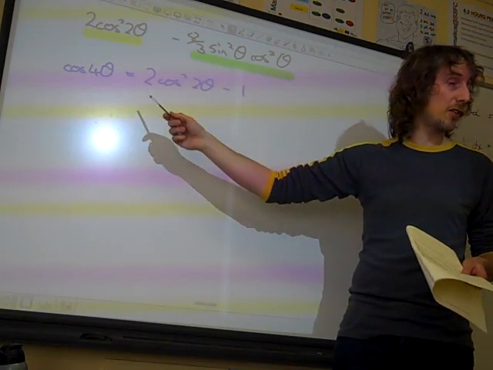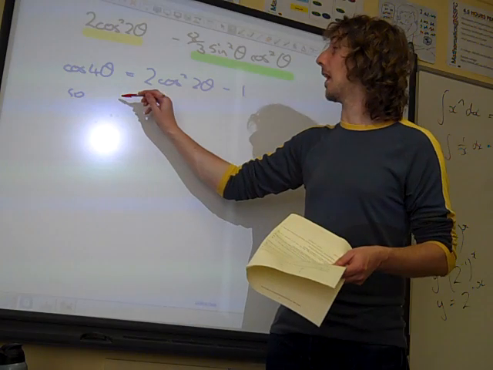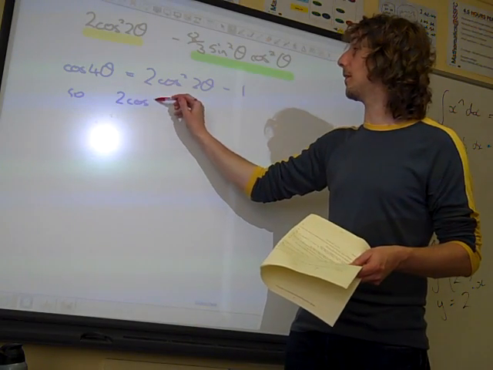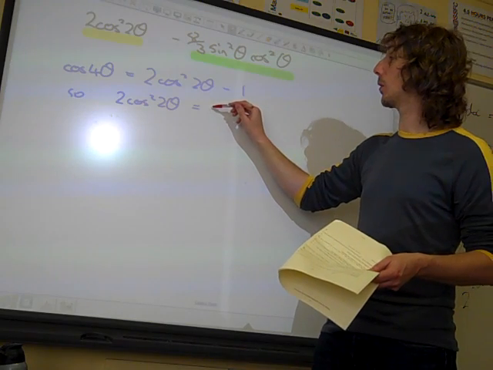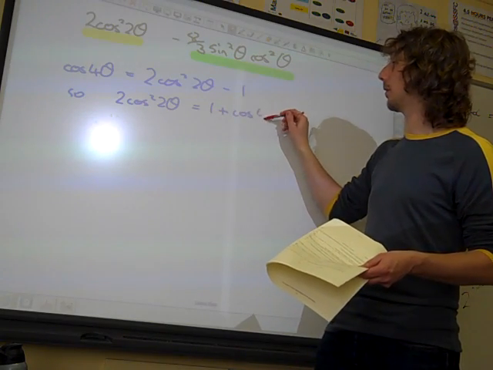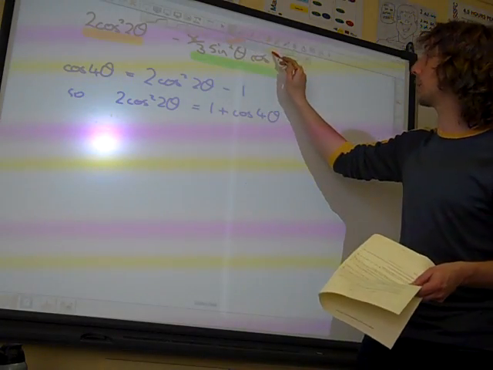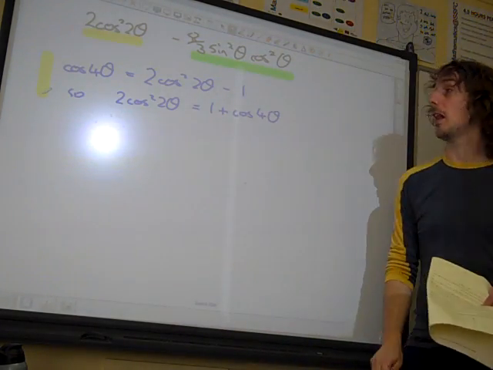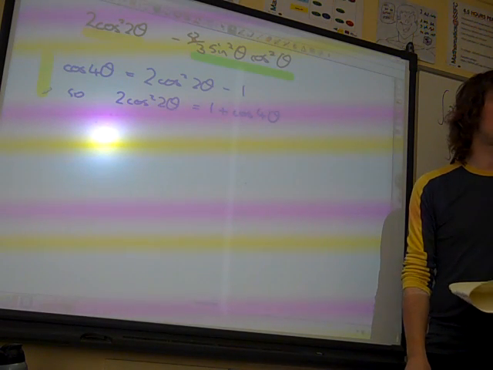So a quick rearrangement of this identity, which we know, gives us that 2 cos squared 2 theta is equal to 1 plus cos 4 theta. Alright, so that has sorted our yellow expression in the thing that we're heading towards.